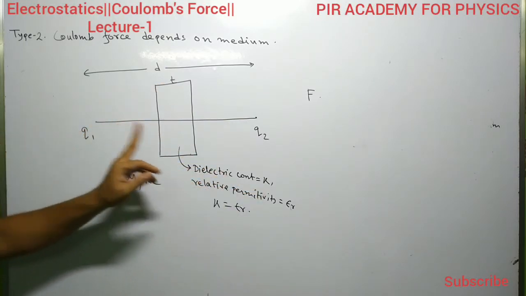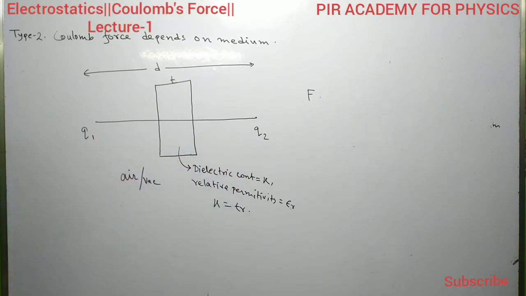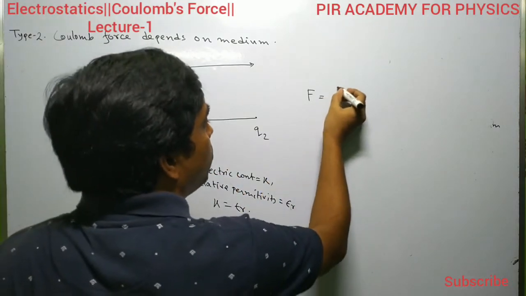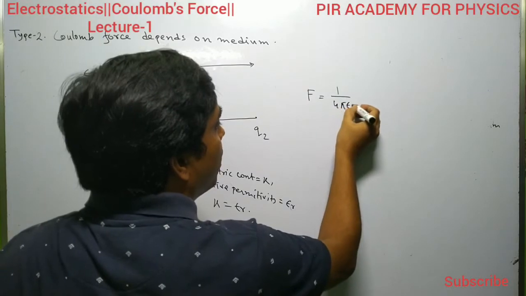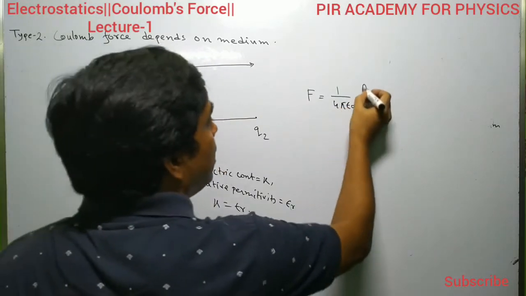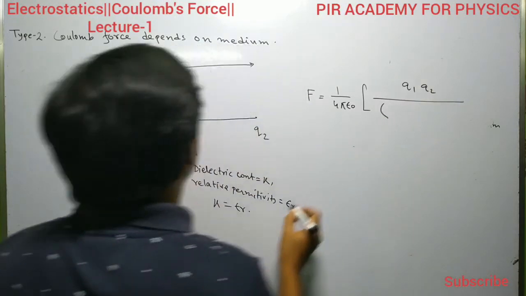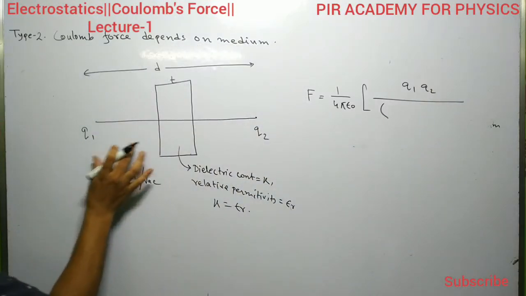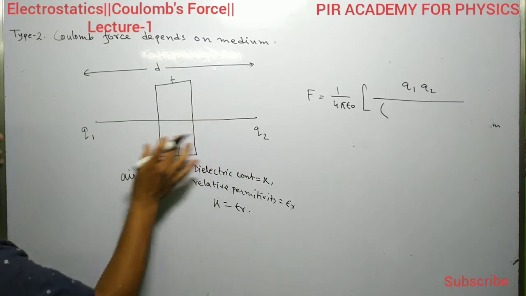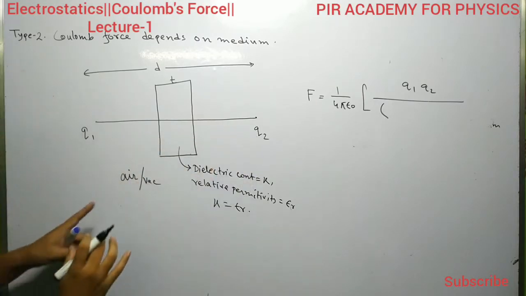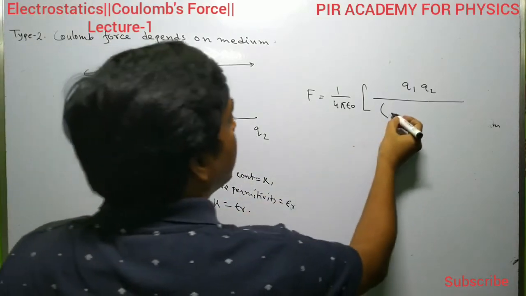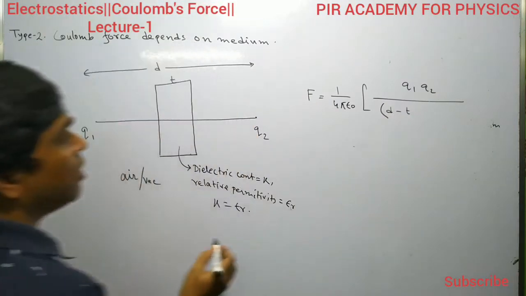Then what will be the force between the two charges? The force between two charges equals 1 by 4 pi epsilon naught into q1 q2, where the distance in vacuum or air is d minus t.